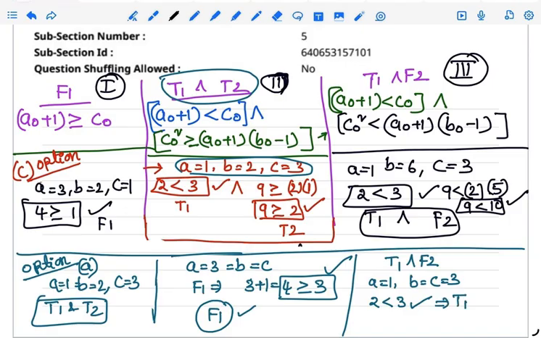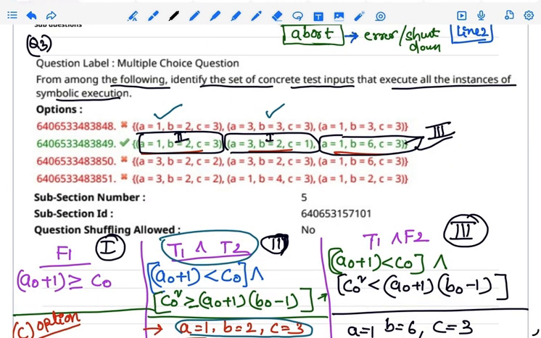Next one is F2. C0 square, that is 9, less than A0 plus 1, 1 plus 1, 2 times B0 minus 1, 3 minus 1, 2, that is 9 less than 4. This is false, right? False for every option.